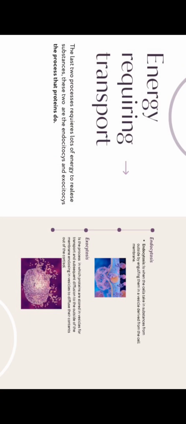Last, but not least, we have the processes that need a lot of energy to release substances. These are endocytosis and exocytosis. The first thing we need to know to understand the meaning is the prefixes endo and exo. Endo means inside, and exo means outside, relating that to the processes that proteins do.